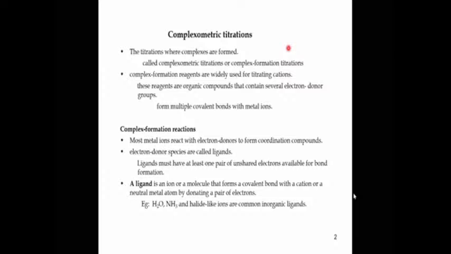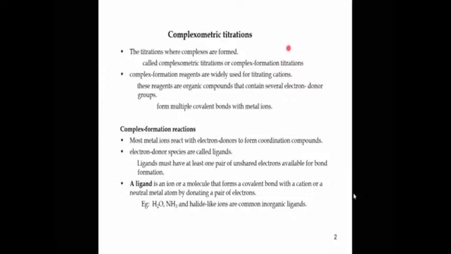Anyway, if it is a solid sample, you have to extract the metal into a suitable solution and then do the titration with the complex formation reagents. So what are these reagents? These reagents are in fact organic compounds that contain several electron donor groups.